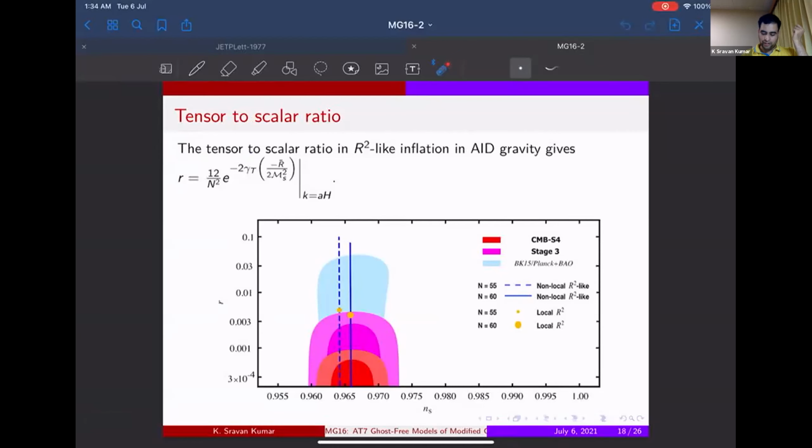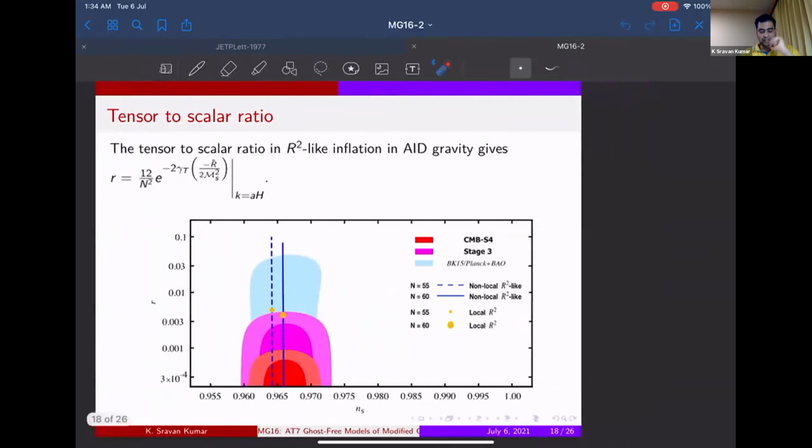If we look at the local theory, Starobinsky inflation, it gives a tensor to scalar ratio roughly of the order of 10 power minus 3, and in this case, depending on the value of this new f of box, we can change this tensor to scalar ratio anywhere above or below the prediction of the Starobinsky model of inflation. And this is one thing.